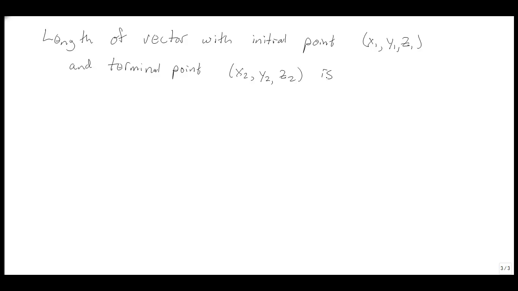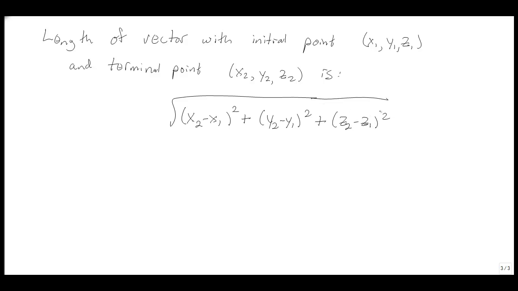Well, what's this? It should just be the square root of the first component of the vector, x2 minus x1 squared, plus the second component, y2 minus y1, squared, plus the third component, z2 minus z1, squared. So we get some formula here.